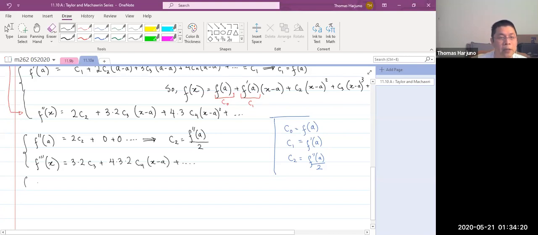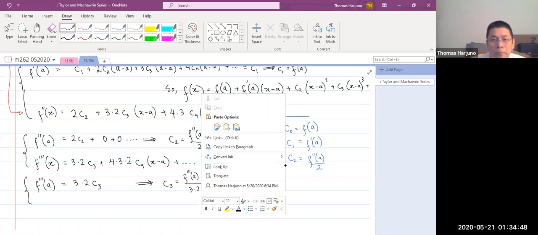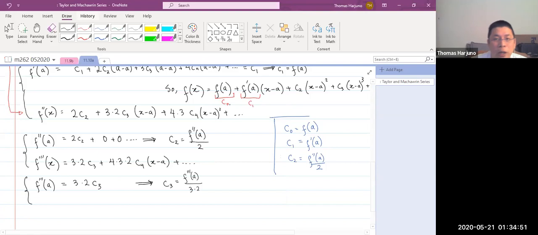And if you replace x by a in the third derivative, you will end up with 3 times 2c3, which implies c3 equals the third derivative of f at a divided by 3 times 2. Then keep track: c3 is the third derivative of f at a over 3 times 2.